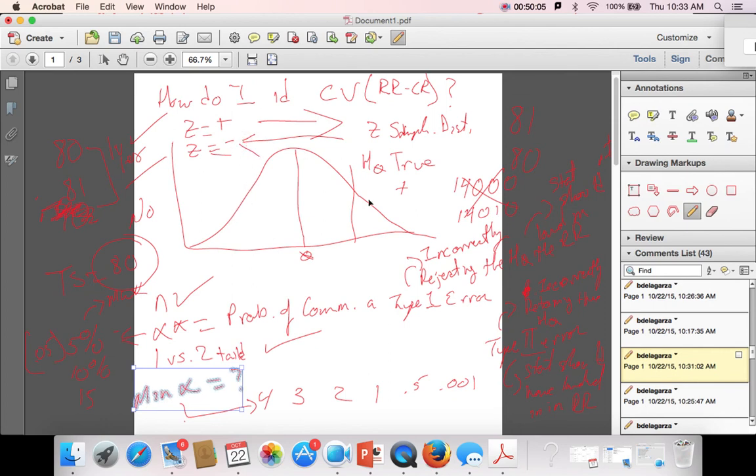In a one-tailed test, your statistic, rather than being on this side, may have gone all the way over here. So it may have landed all the way over here. But here, it didn't land in here. So it didn't land in this side of the tail. So here, potentially, you're making a mistake, and we're going to talk about this mistake in just a couple of minutes here. So that's the issue with the one-tailed test.